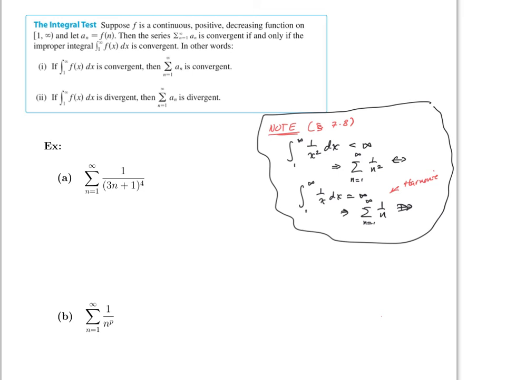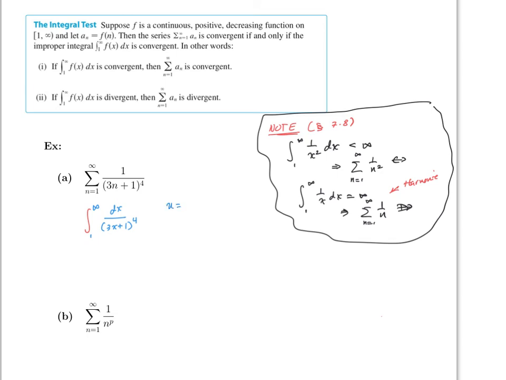All right, so for this one, notice that you have to check that the function is positive, which it is, and that it is decreasing, which it is. So here we need to find the integral from 1 to infinity of dx over (3x plus 1) to the 4th power.